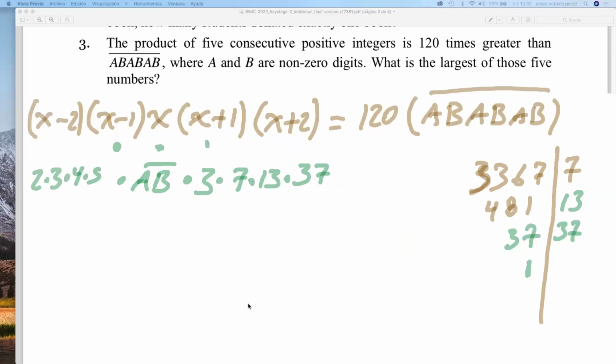And this is a prime number, so one of the numbers must be a multiple of 37. Now, if this is 37, every one of the other numbers must be a two-digit number.